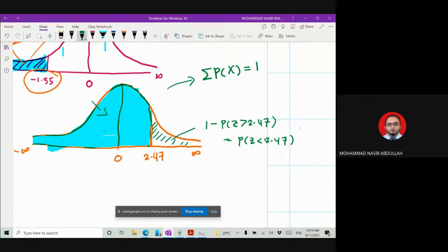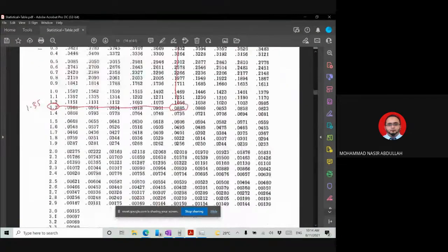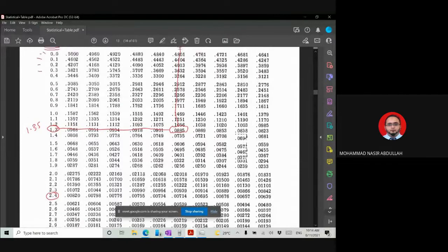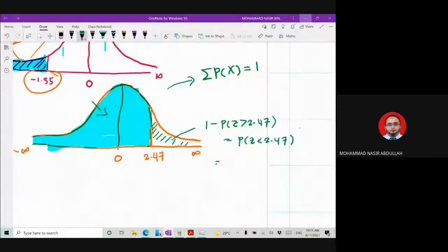Boleh faham? So 2.47 should be somewhere here, dekat sini. Right, which is 0.00676. 1 minus 0.00676. Is it?